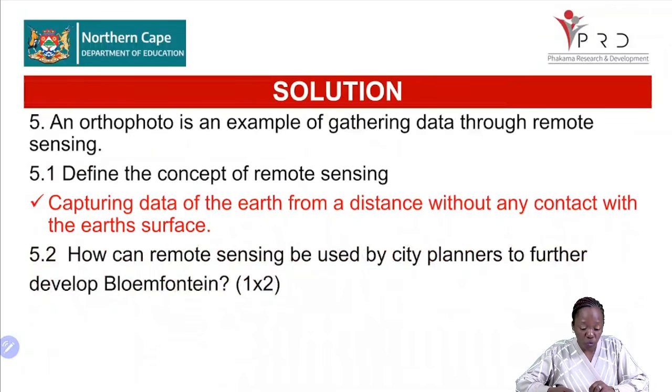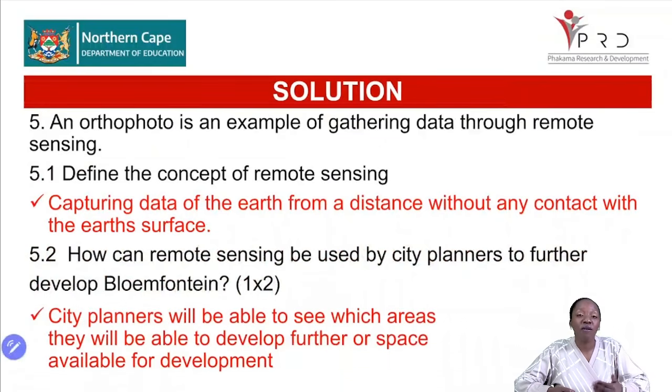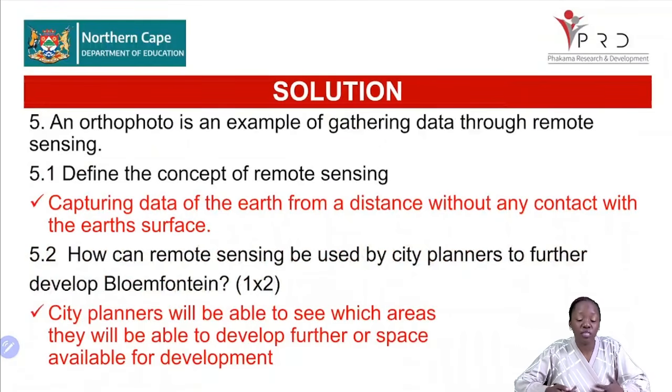Then 5.2. How can a remote sensing be used by the city planners to further develop the Bloemfontein, which is the area? So we're looking there, the city planners will be able to see the areas. They will be able to develop. Remember, they are able to capture all of the area and without being physically there. So it is also, the remote sensing is also accurate.